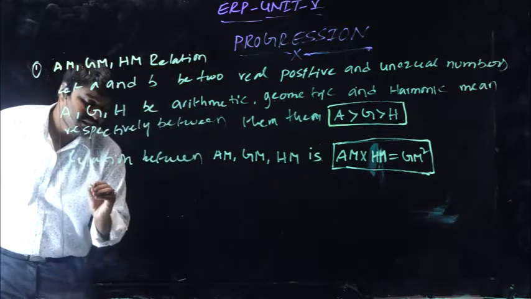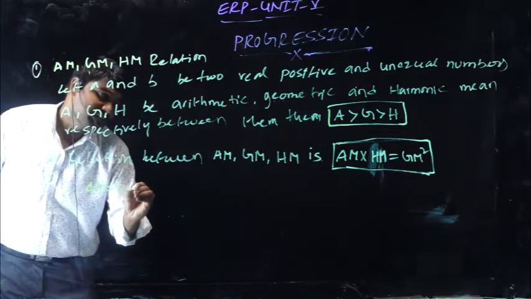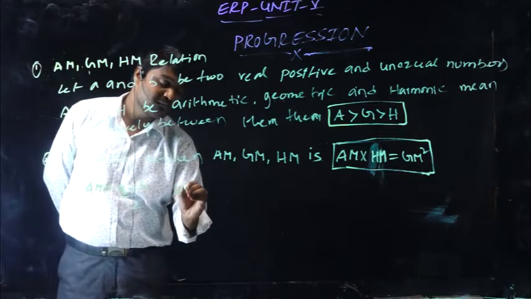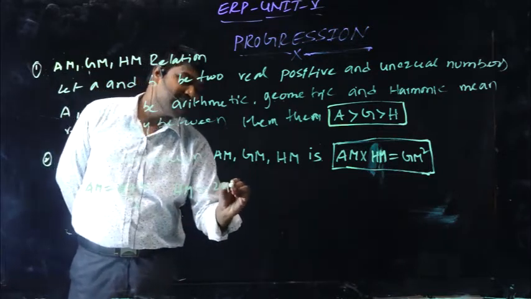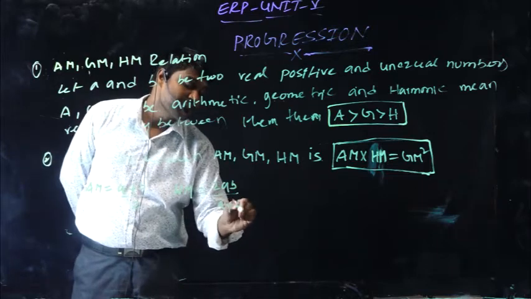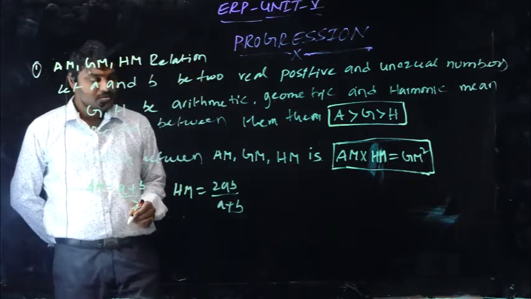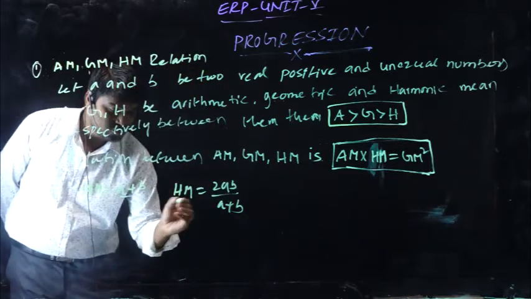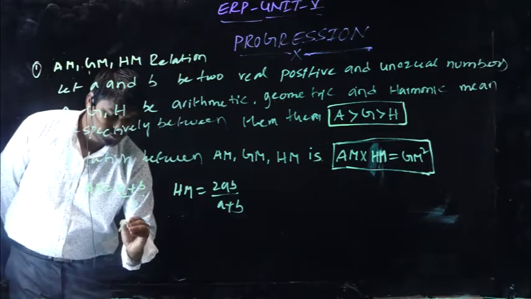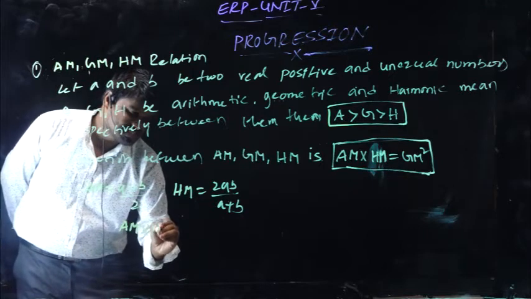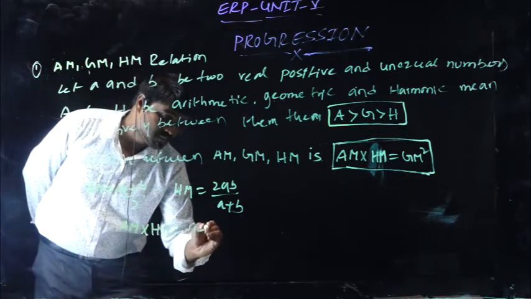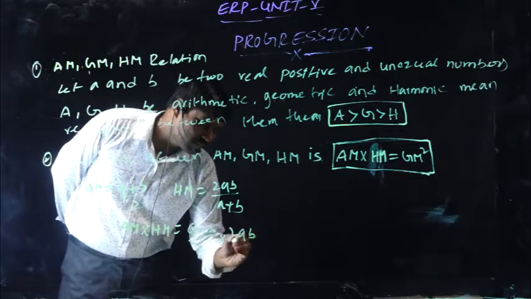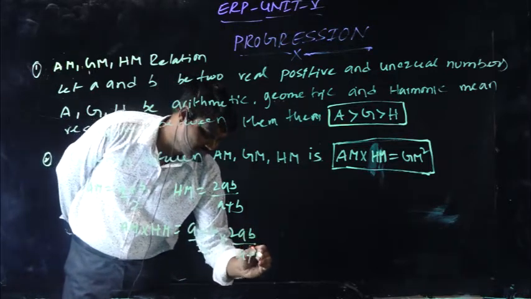You know arithmetic mean equal to a plus b by 2, and harmonic mean equal to 2ab by a plus b. So here this is the GM square. Arithmetic mean into harmonic mean: AM into HM equal to a plus b by 2 into 2ab by a plus b.